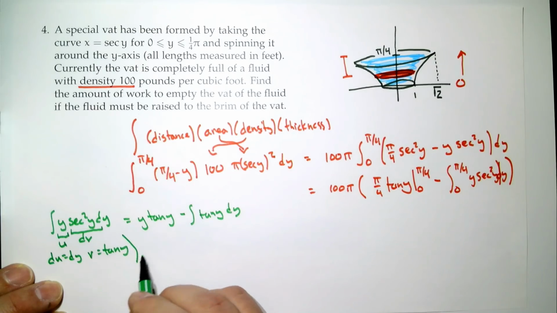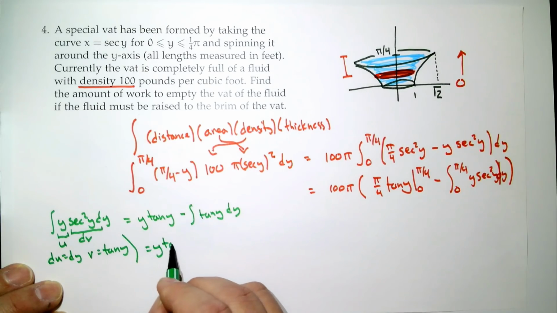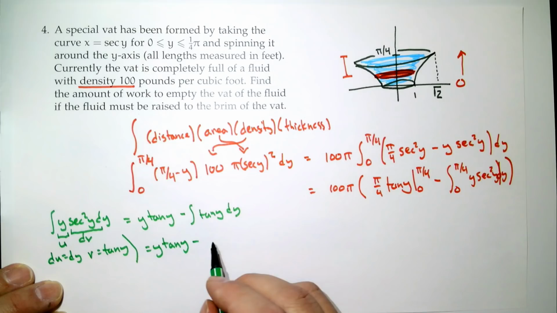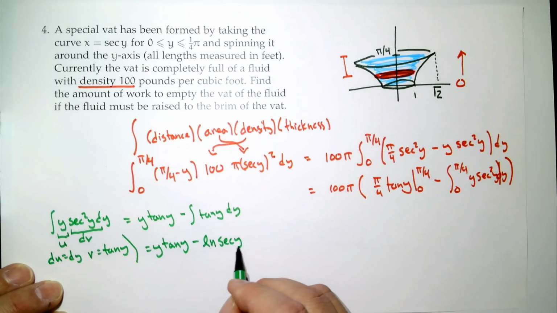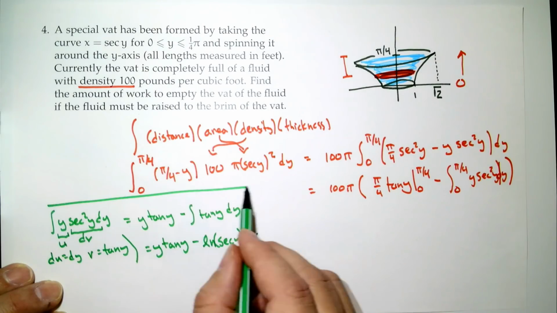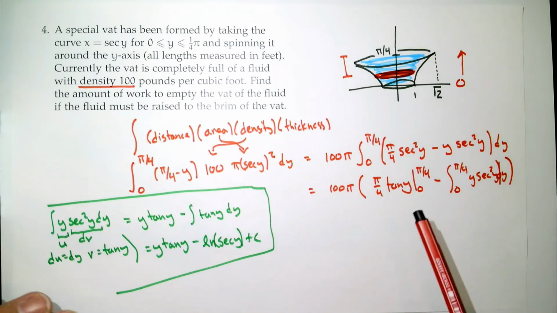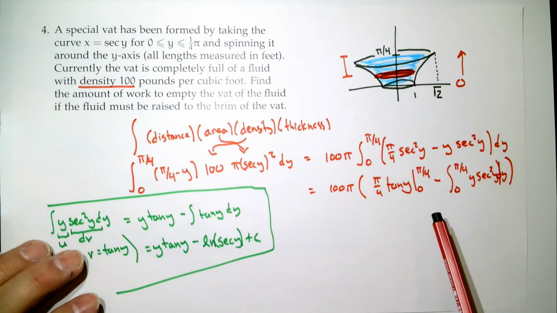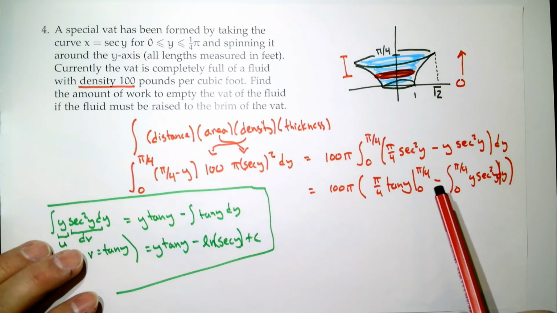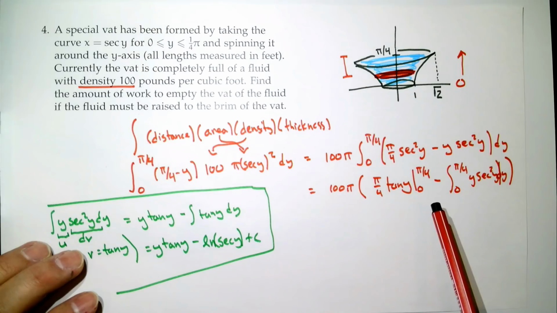Well, what is the integral of tangent of y? Log secant. Okay, so that's the integral of y secant squared y. So that's off to the side. All right, back to our regularly scheduled problem. So, by the way, let's just evaluate. Tangent of 0 is 0.